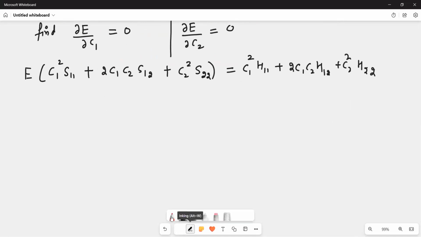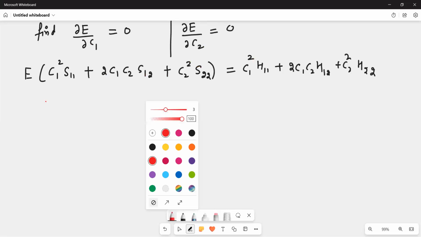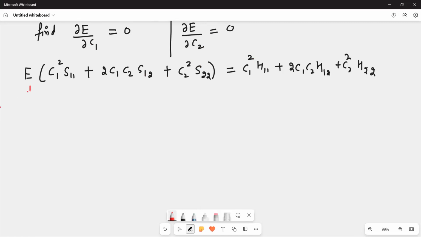We will find the differentiation of E with respect to C1. We will differentiate this whole equation. Here we have the product of two functions. First is the energy term and second is this whole bracket. We will apply the product rule and differentiate with respect to C1. The first function will remain as it is, E. We will differentiate this whole bracket term with respect to C1.